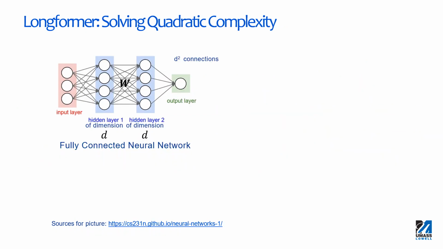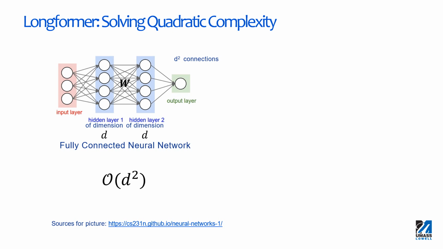So the way to alleviate the quadratic time of classic transformers is much like you would alleviate this in a classic neural network. In a classic neural network, imagine you have this multi-layer perceptron with the units in the first hidden layer and the units in the second hidden layer, and we have a weight matrix, which means every neuron in the first hidden layer is connected with every neuron in the second hidden layer, and the memory requirement here is d squared.